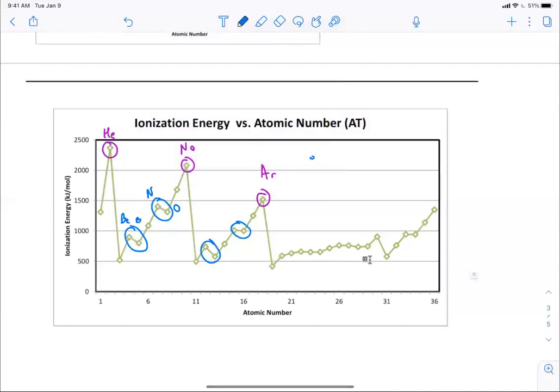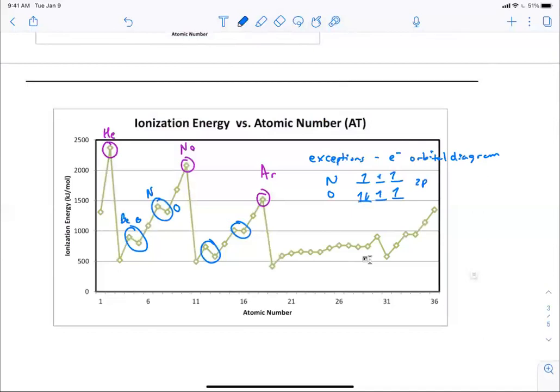And these exceptions rely on the orbital diagram. So if you're trying to explain these, you're going to have to think about the orbital diagram and how they're different. For example, nitrogen versus oxygen, its 2p sublevel looks like this.